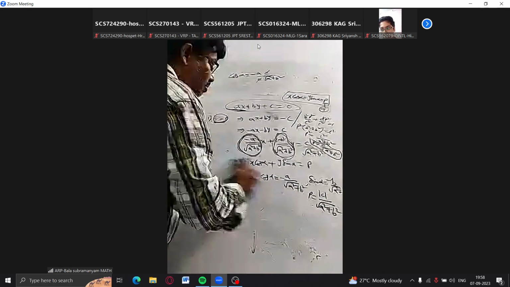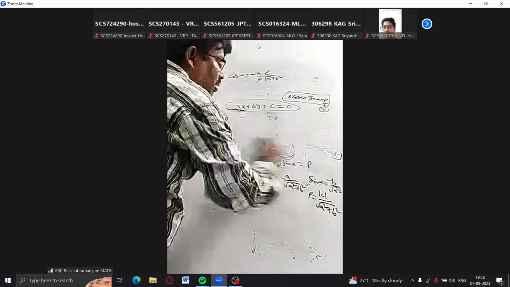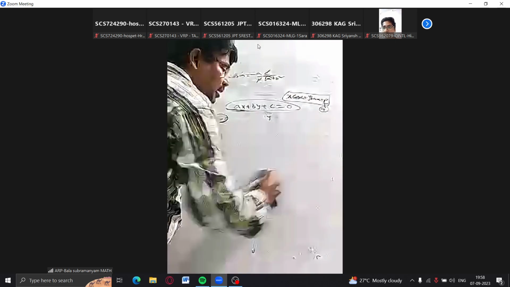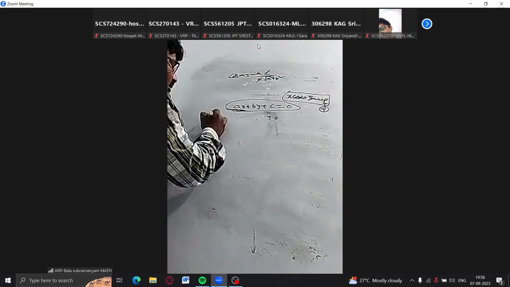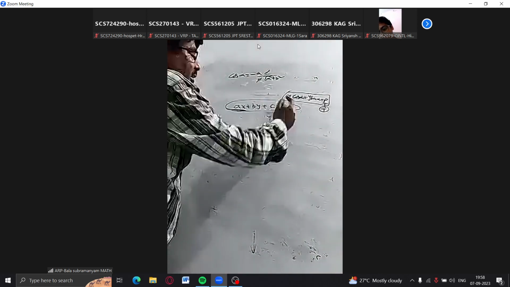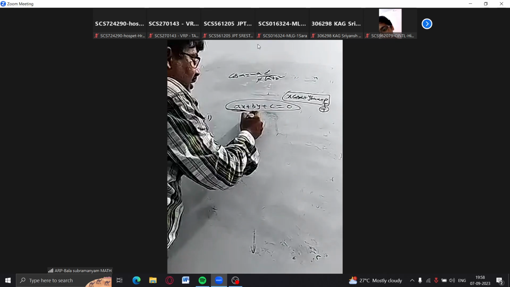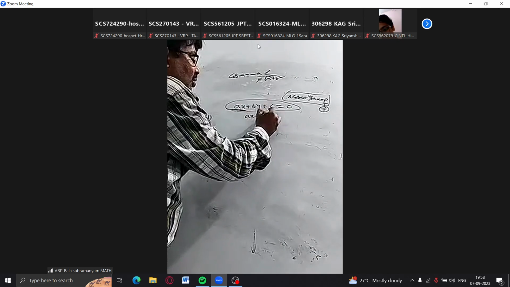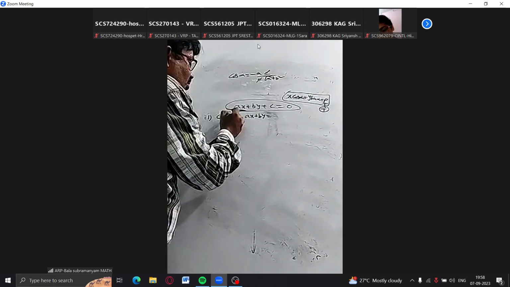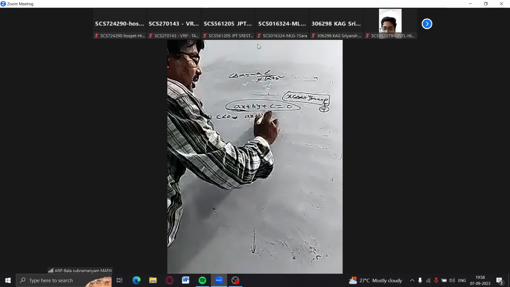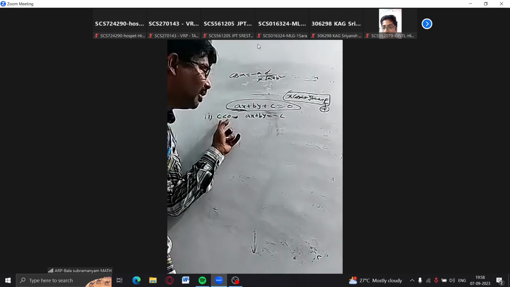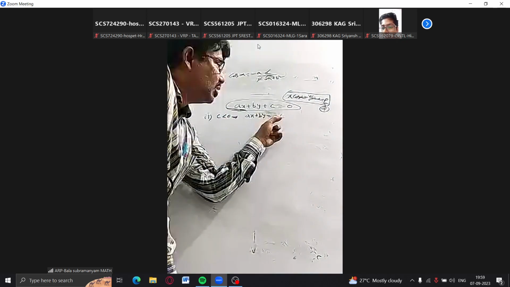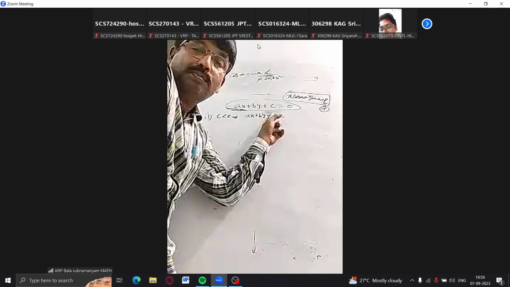Now discuss the second case, if C is less than 0. First of all, the constant is taken to the right side, AX plus BY is equal to minus C, where C is less than 0. C value is negative, and here also a negative value, so minus of minus is plus.